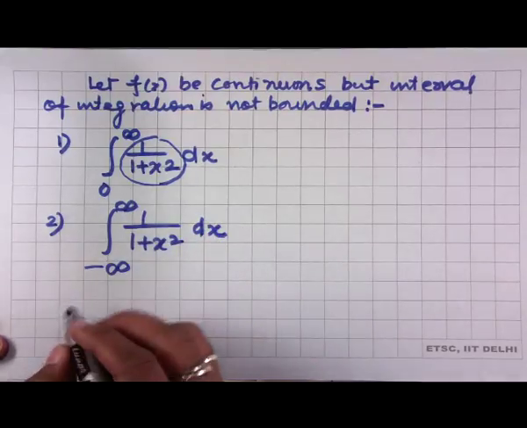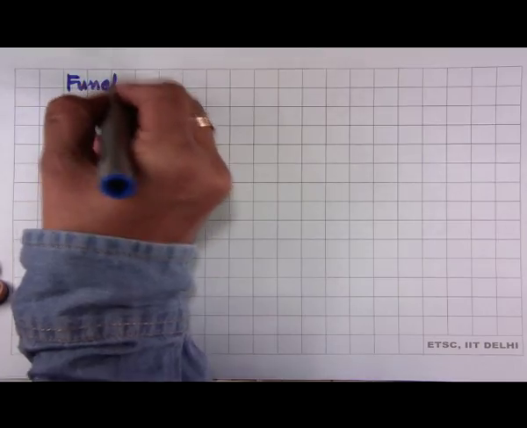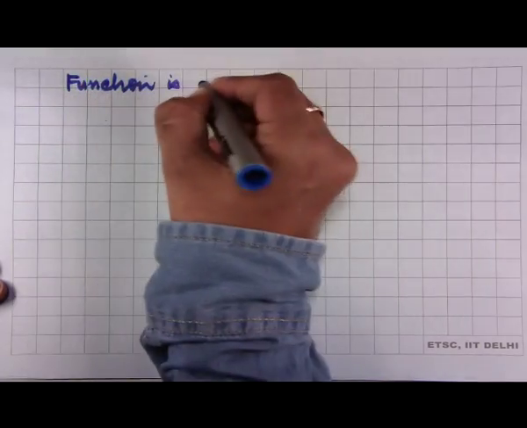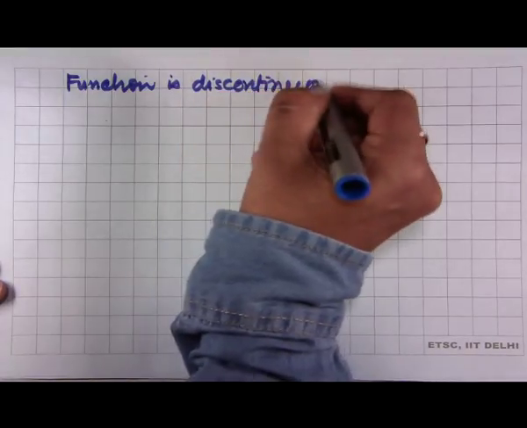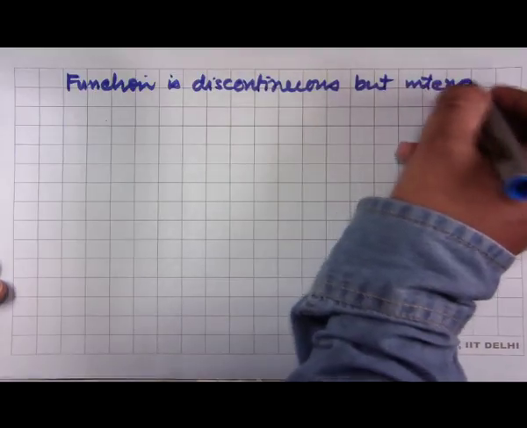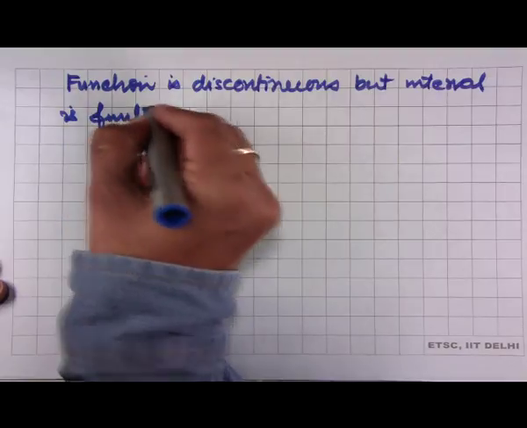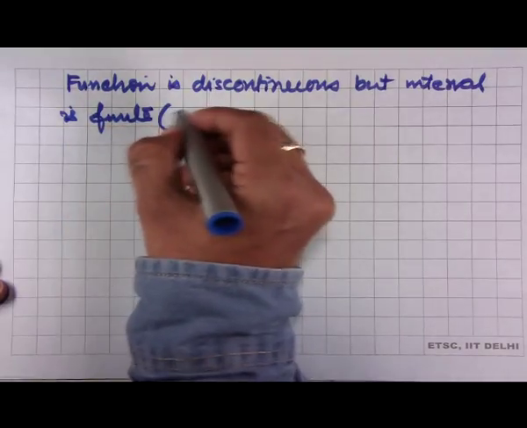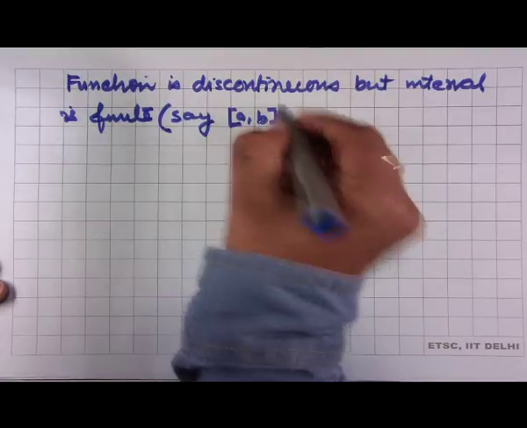Then another case where the function is discontinuous, but the interval is finite, say a to b, where a and b both are finite.